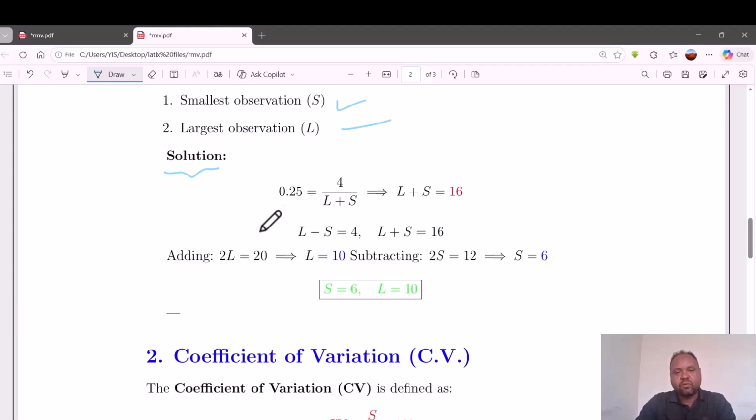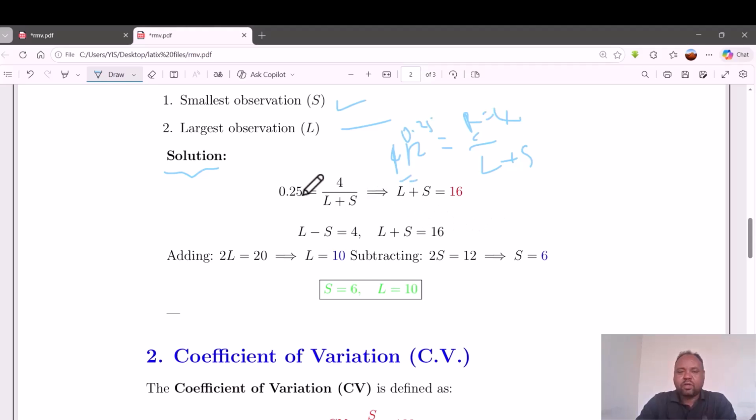The solution begins from the formula for relative range. Relative range is the range over the sum of the two extreme values. Now the relative range is given as 0.25, and the range is given as 4.